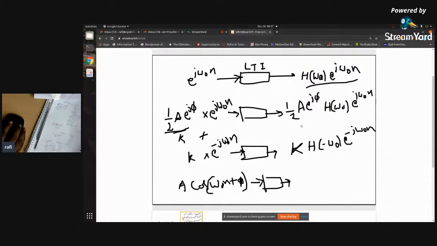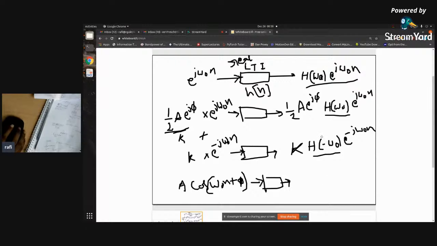So these things will get added again. Now this value h of omega naught and h of minus omega naught will be the same, because this is a real-valued LTI system with real coefficients. The coefficients are nothing but h of n, which means h of n is real here. For a real LTI system, h of n will always be real. If h of n is real, from our complex conjugate property, h of minus omega naught is h star of omega naught.